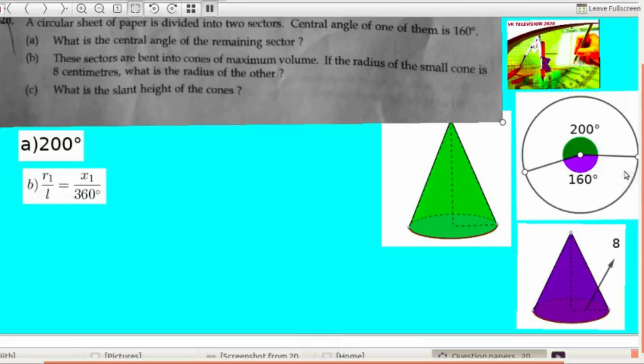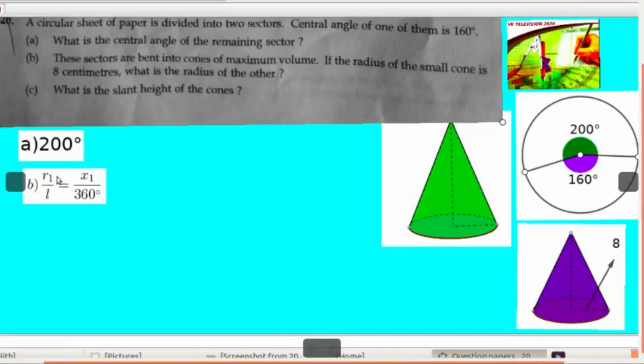We make the larger cone using the sector with central angle 200 degrees, and the smaller cone using the sector with central angle 160 degrees. It is given that the radius of the small cone is 8. We have to find the radius of the larger cone.